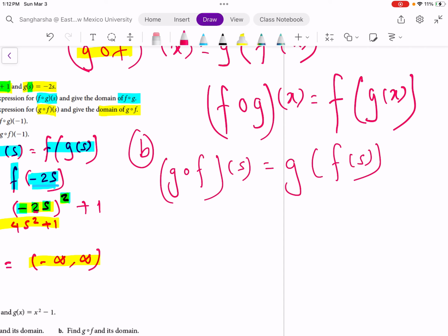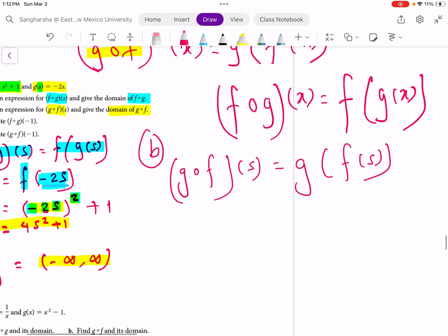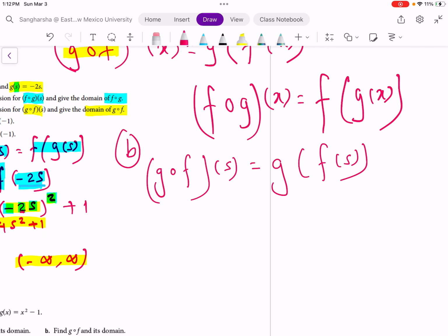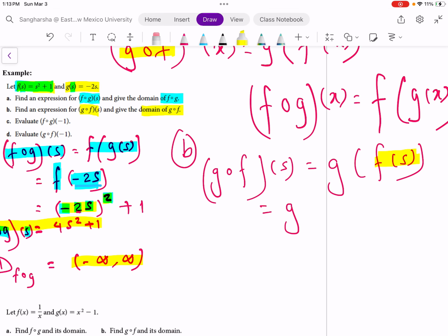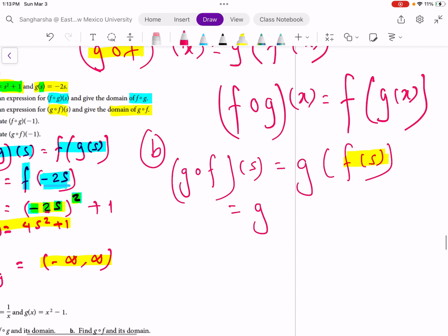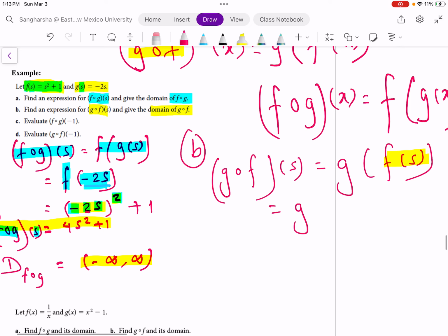Now we go ahead and substitute our f function. We have g as it is in our definition, and f of s is the output, which is s squared plus 1. So for f of s, substitute s squared plus 1.